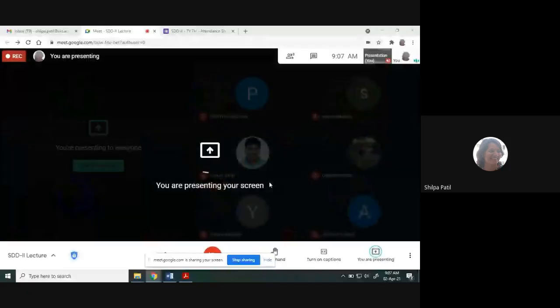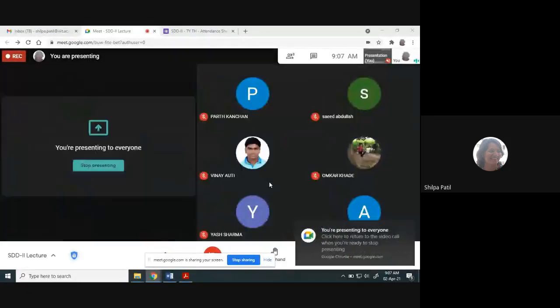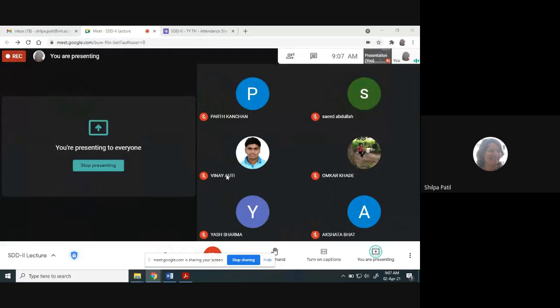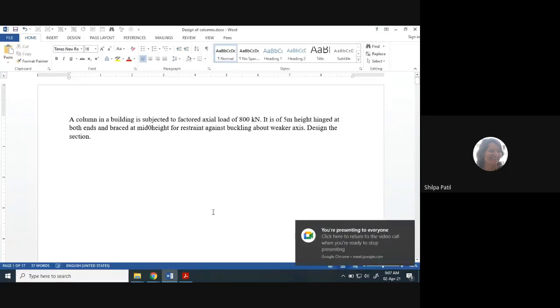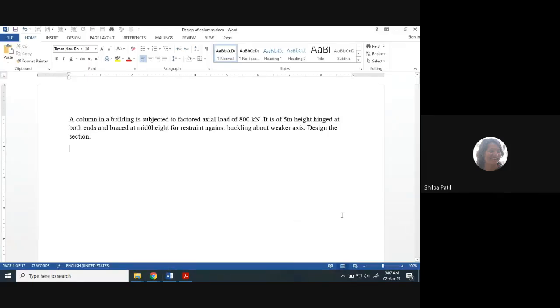As I explained last lecture, the design steps for design of a column are exactly similar to the design steps for a double angle section. If you remember, based on the area requirement, we select the section first, then we check the section classification for the selected section, then we decide the buckling class for the section.